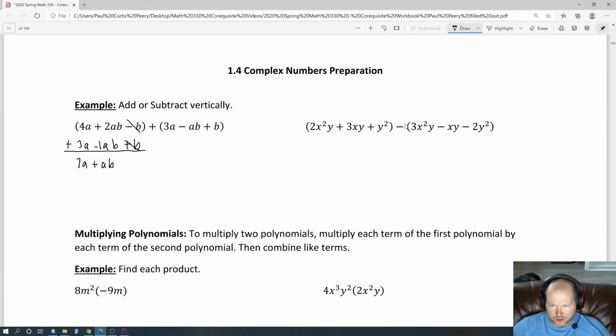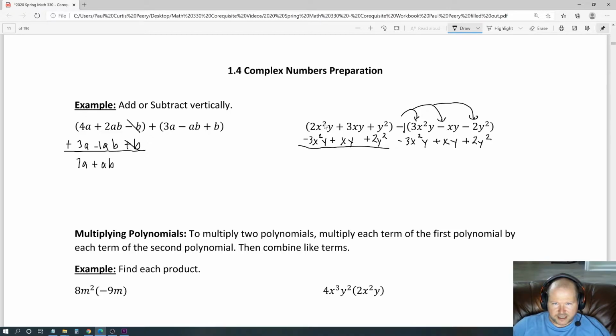Let's try over here. We're going to distribute the negative first, just to make it a little easier to deal with the sign. So you're going to flip all those signs, right? So I'm going to say negative 3x squared y plus xy plus 2y squared. And then we're going to rewrite all that, right? We'll just add those together.